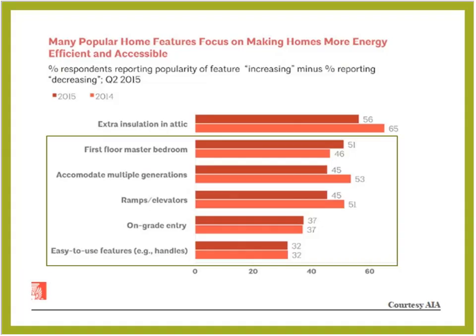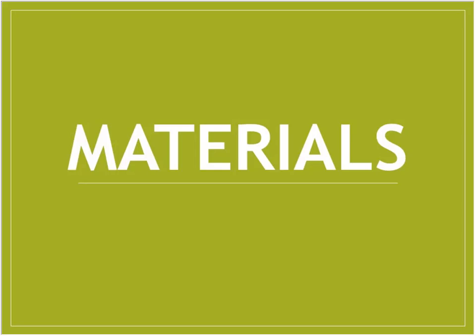And then here again on the AIA, just under energy and extra insulation, which shows that energy efficiency is a massive growing trend, you can see that all of these items are accessibility related, and so again, very important design features.